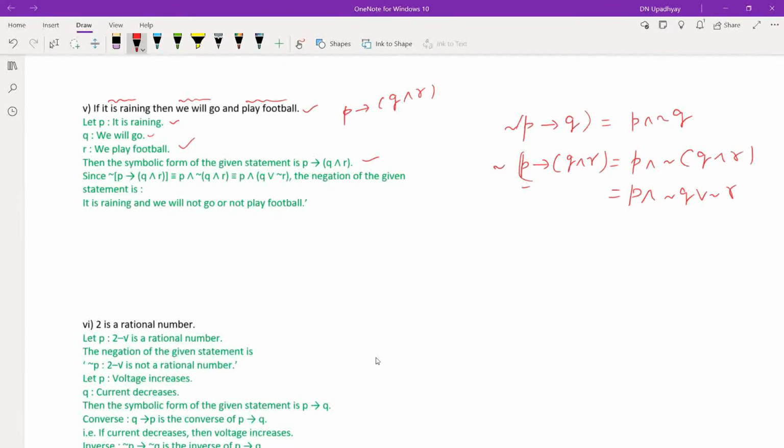So this is the term, P and negation Q or negation R, right?